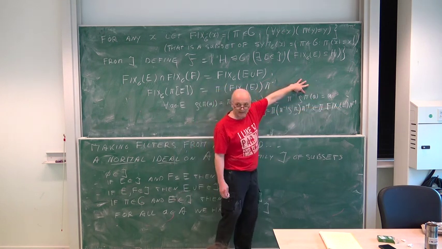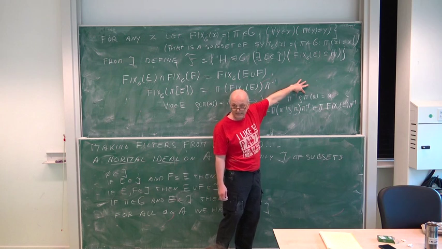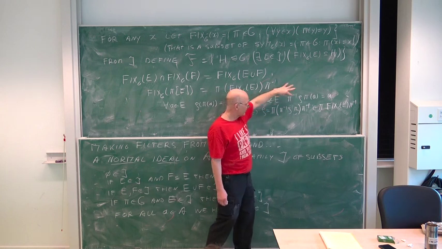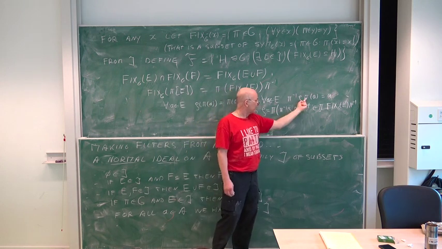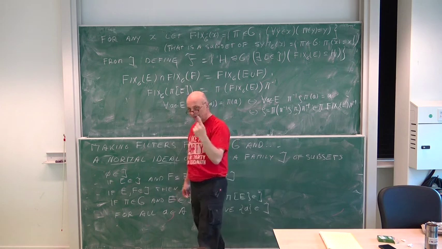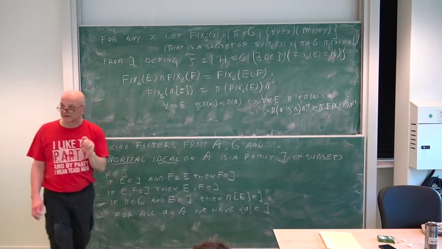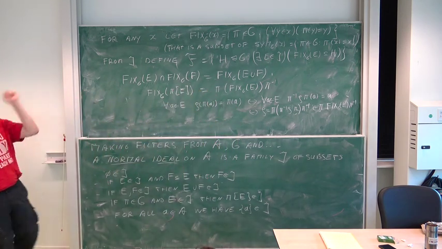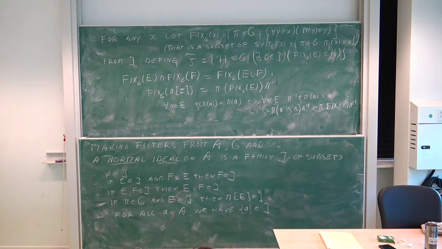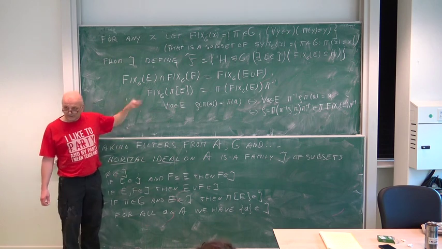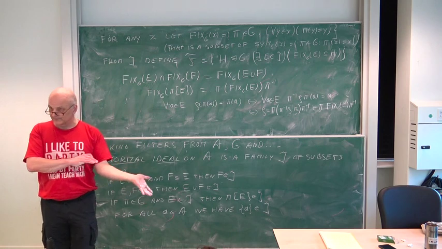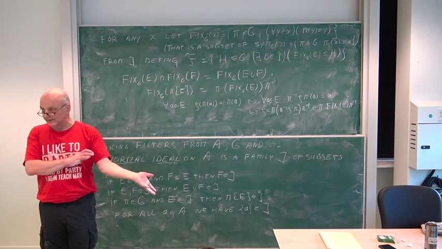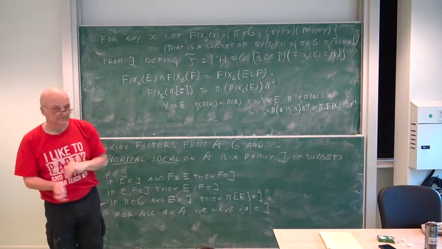That means that this thing is in the fix of E. But that means that rho itself is pi times this thing times pi inverse, and therefore it is in pi fix pi inverse of our E. And so on. You can just check that all the conditions for the filter have their counterpart in the conditions for the ideal, and vice versa.